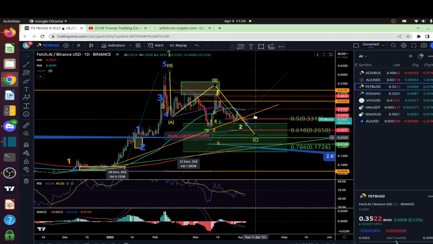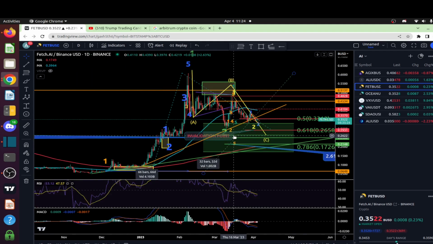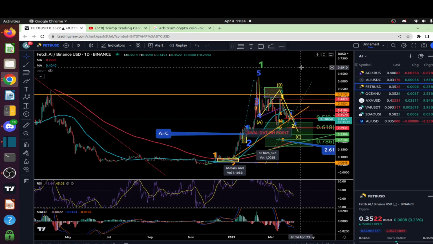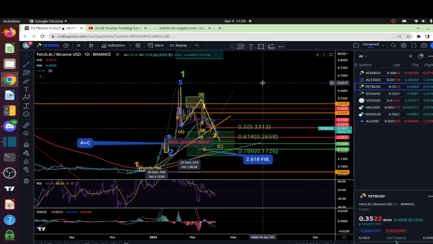So this is a bullish divergence. So that's another great indication that price should soon change, make a 180 degrees turn and bounce back on the higher side.